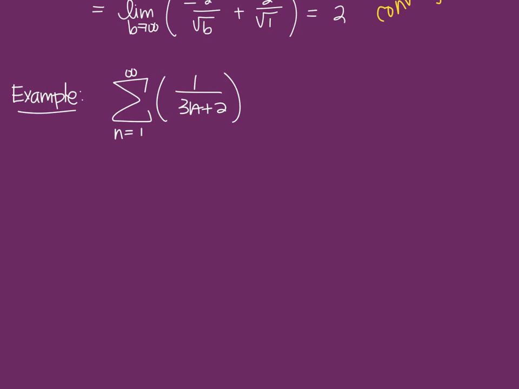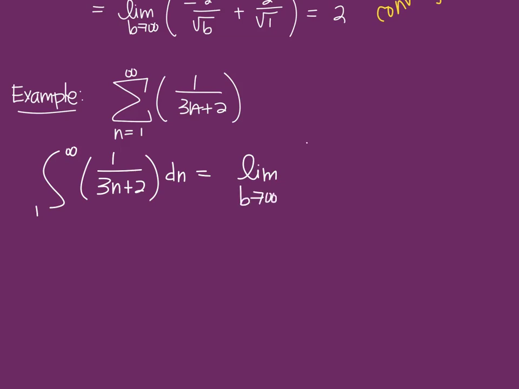Okay, ready? So we're going to try the integral. Our integral from 1 to infinity of 1 over 3n plus 2 dn will be the limit as b approaches infinity of the antiderivative.